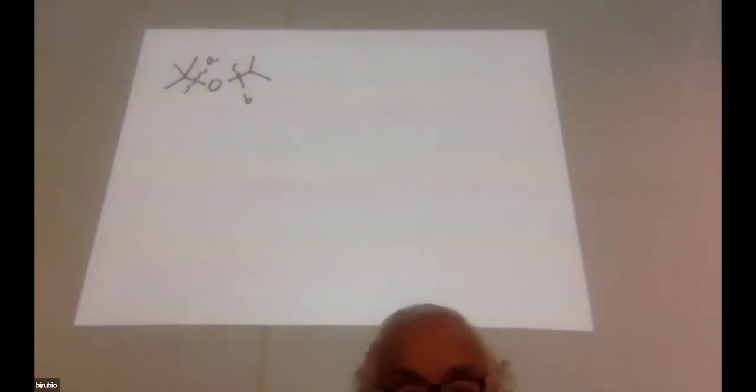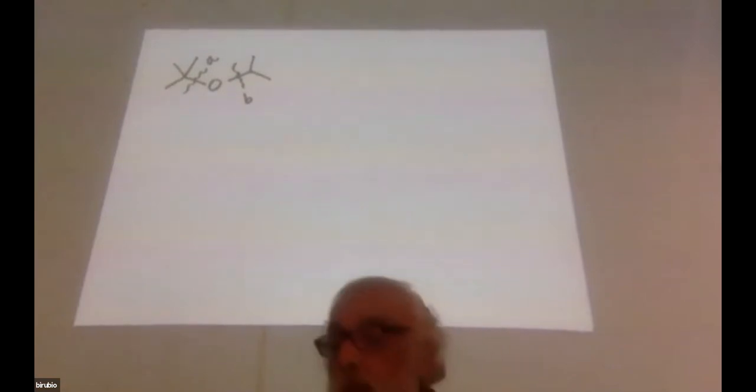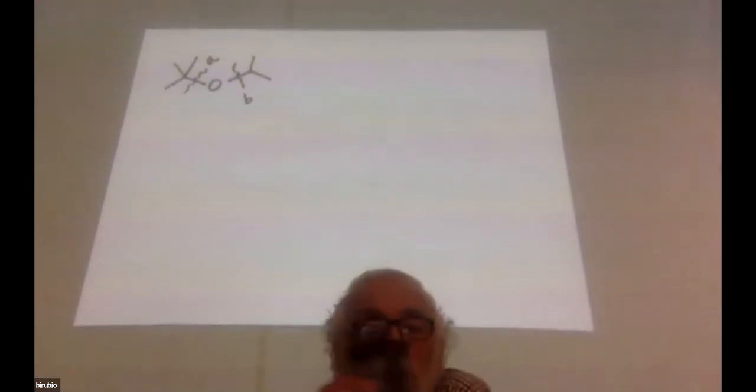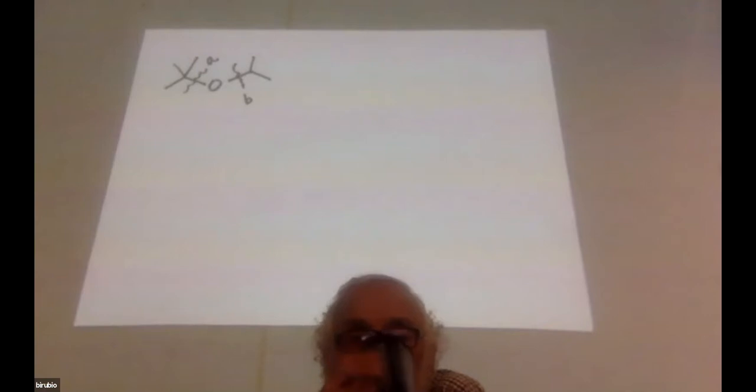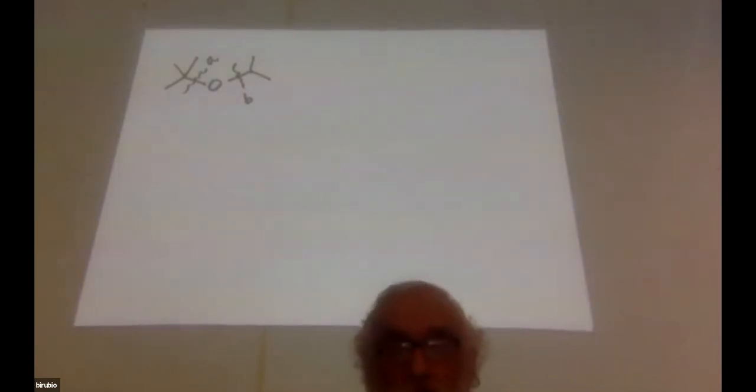A only, B only, both A and B are good, or both A and B are bad? Yeah, both are bad. This is an example of an ether that cannot be made by Williamson.